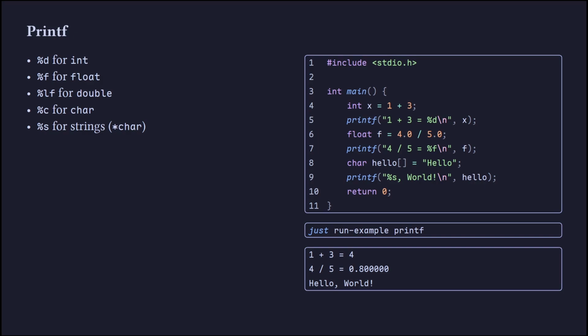And we'll get to %s for strings a little bit later, how that works with our general code. Again, if you would like to run this example, you can use just to run printf. All of that code is under the examples directory.